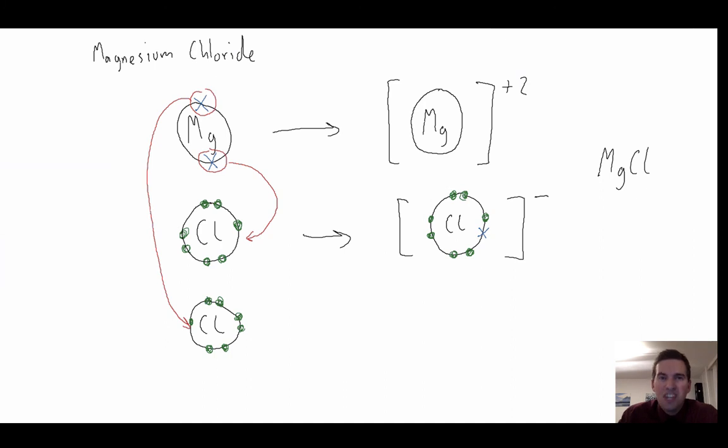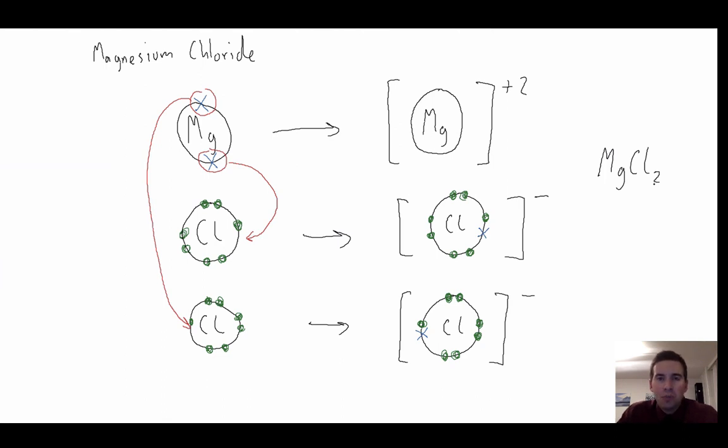Therefore, we form a second chloride ion. So now everything is balanced. You can see we have a ratio of 1 magnesium ion to 2 chloride ions. Therefore, the formula for magnesium chloride is MgCl2.